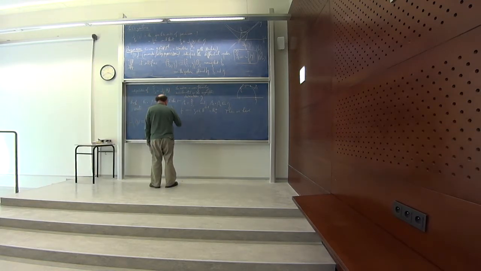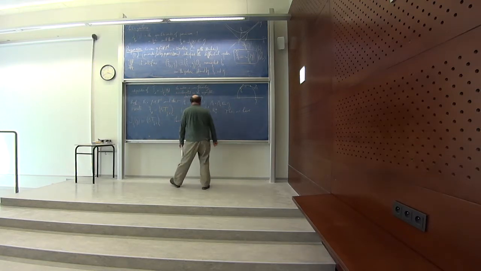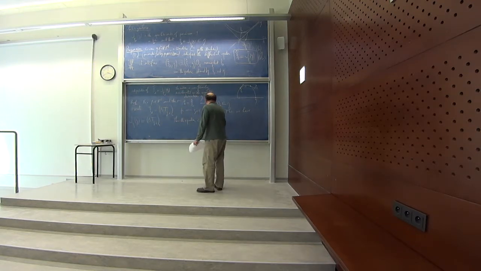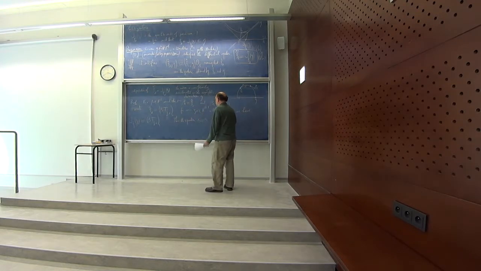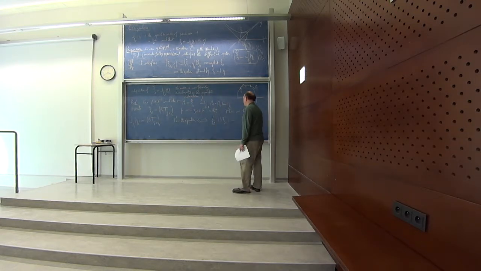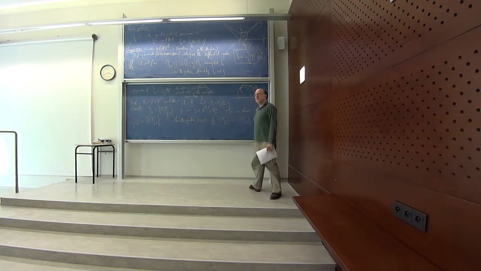So the equation is equivalent to simply d over ds of beta t zs 0 equals beta t zs 1.